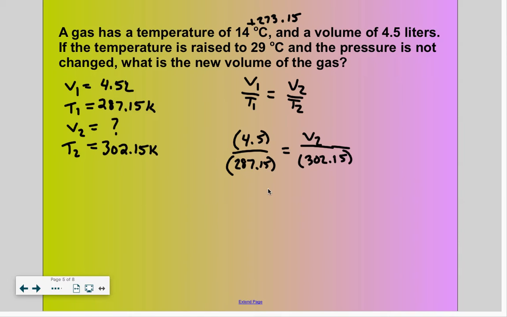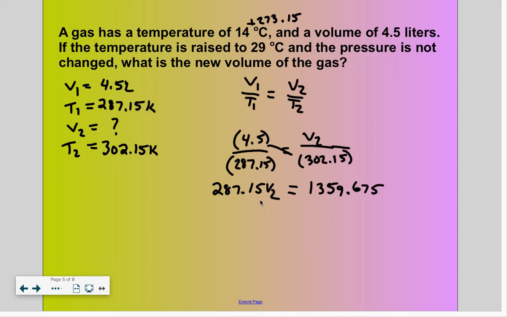We have a proportion, we're going to cross multiply, so I'm going to have 4.5 times 302.15, and that's going to give me a number. It's going to have a decent decimal, so it's 1,359.675. Might as well use it all so you don't lose any values, and it doesn't round off. And that's equal to 287.15 times V2.